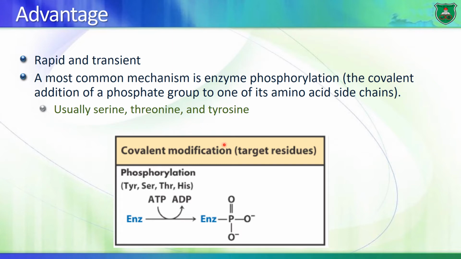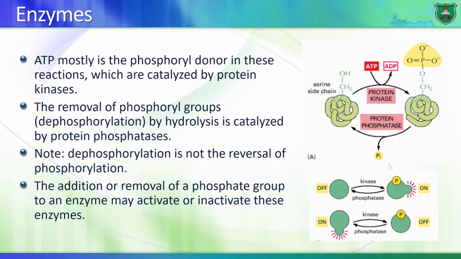Now, the advantage of phosphorylation is that it is rapid and transient, meaning that it takes a short time to happen. Transient means that a phosphate group can be added and removed quickly. Usually this phosphorylation takes place by taking a phosphate group from ATP.